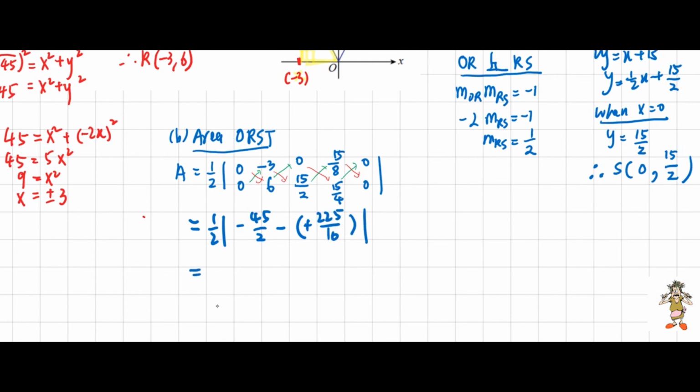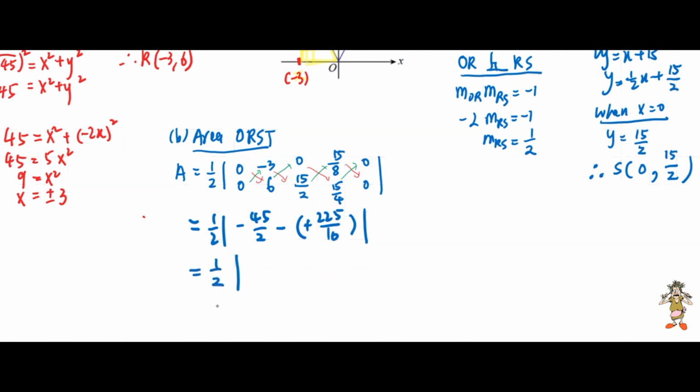Now we do the arithmetic, and we have 18 9/32 square units.